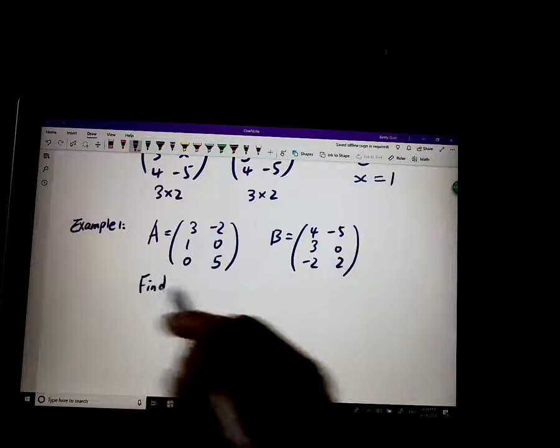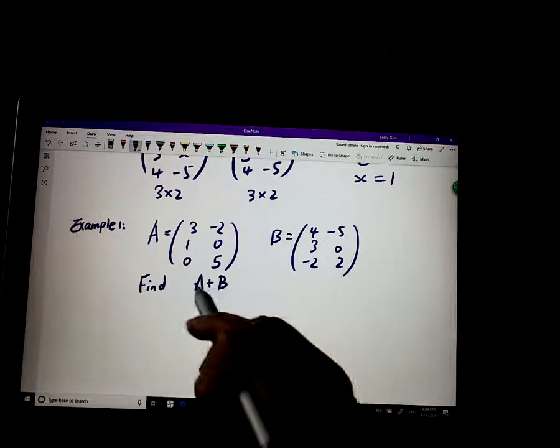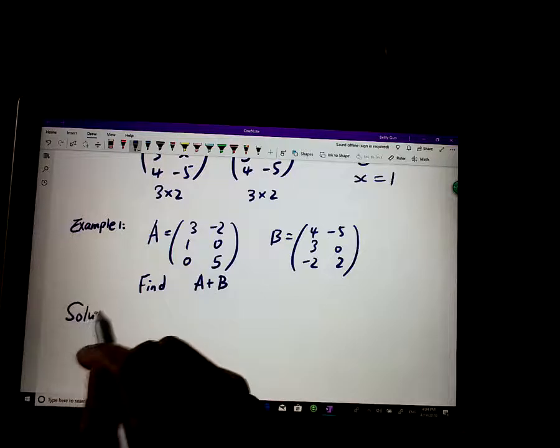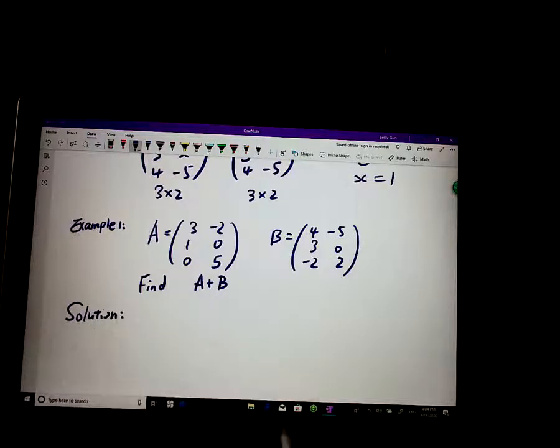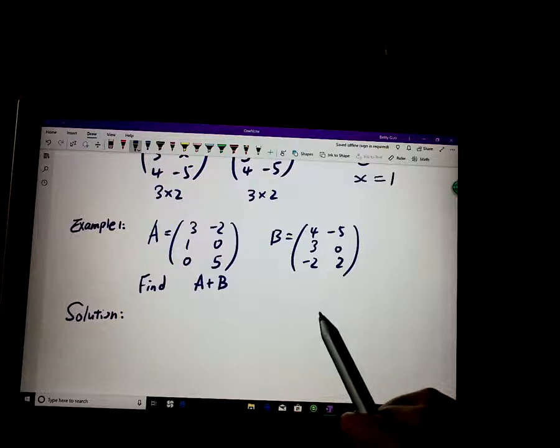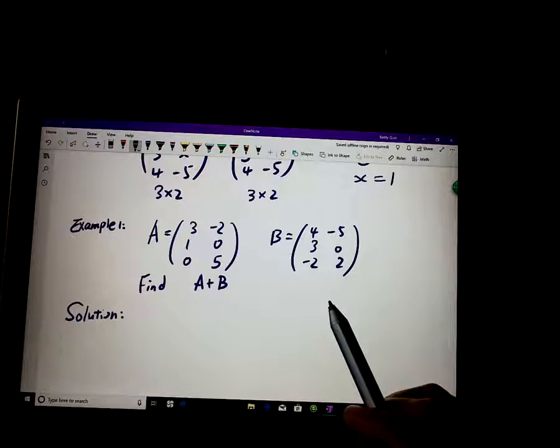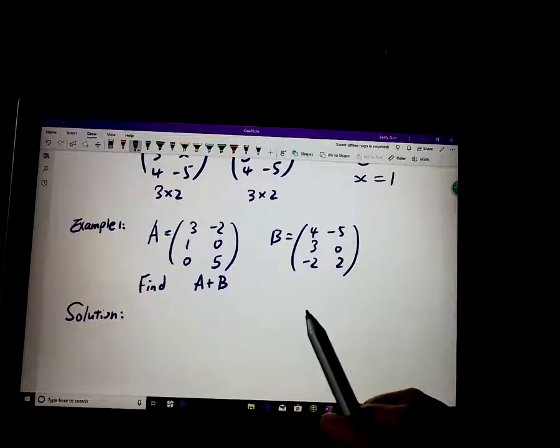Find A plus B. An important thing here: not any two matrices can be added together or subtracted. Only two matrices with the same size can be added or subtracted.